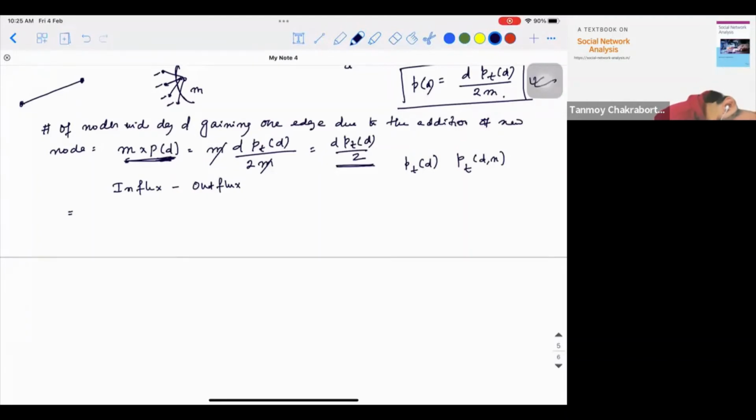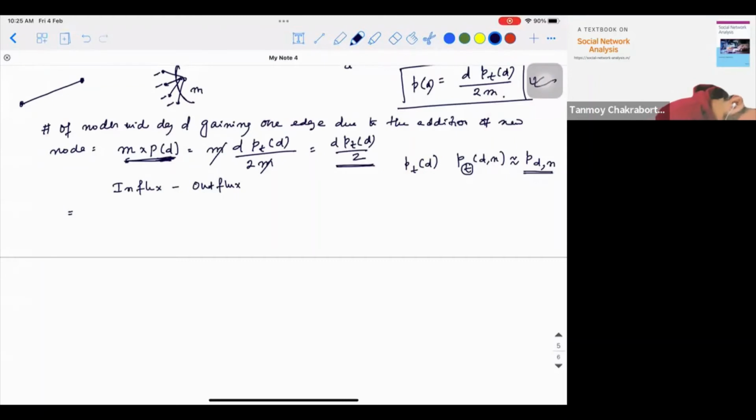So we define this. We just simplify this notation by P of d comma n. I'm not using the time concept t at this moment, because let's assume that we are computing this influx minus outflux at a particular time t. So therefore t is fixed, right? So we are interested in this quantity, P of d comma n. What is P of d comma n? Again, probability of nodes with degree d when the total number of nodes is n.